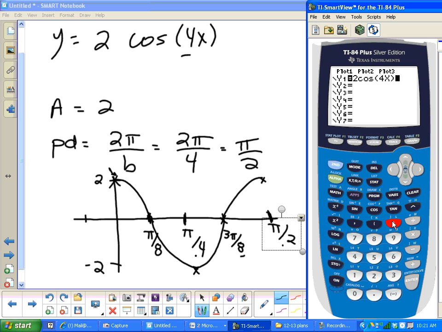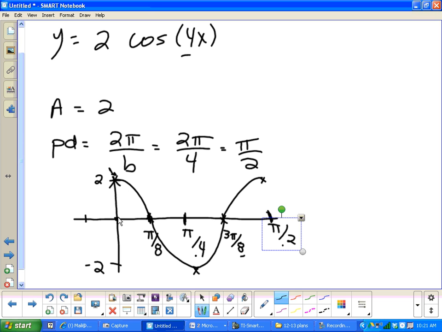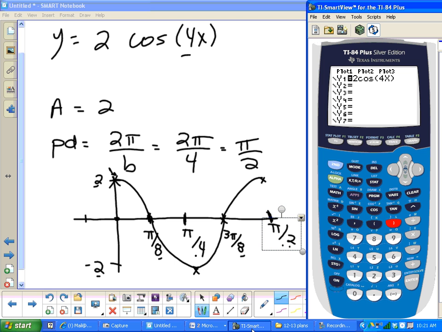All right, we want the graph to go from, what's this value right here? 0 to pi over 2, okay, on the x's. And we don't want it to count by ones. We want it to count by pi over 8s. And on the y values, we don't need negative 10 to positive 10. We only need negative 2 to positive 2. So we have to change the window.